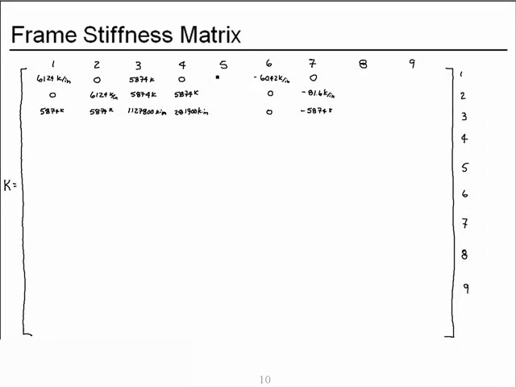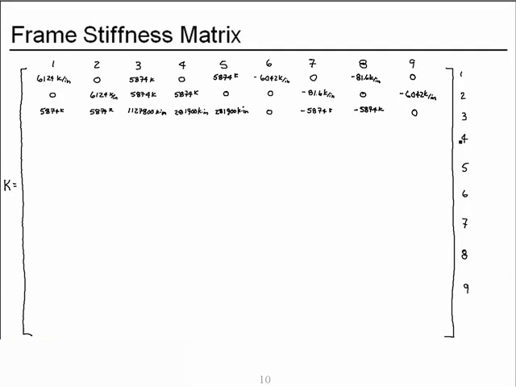So for column 5, 5874 kips, then 0, then 281900 kip inch, column 8 minus 81.6 kips per inch, then 0 minus 5874 kips, column 9, 0 minus 6042 kips per inch, and 0.